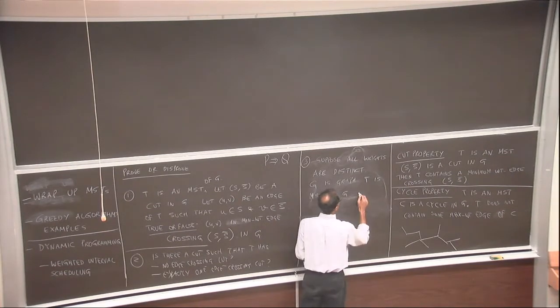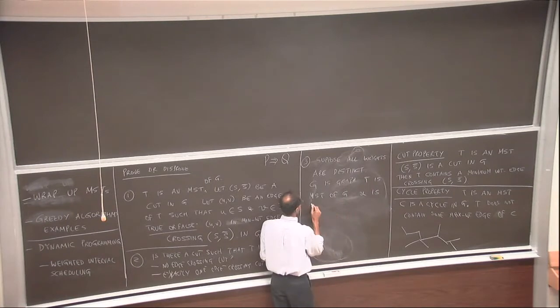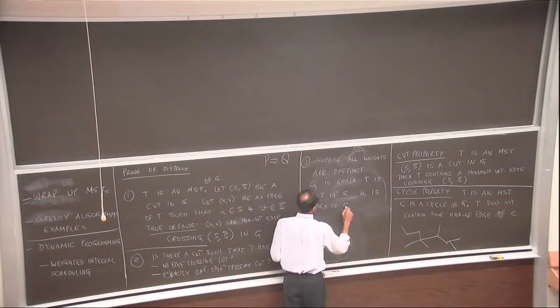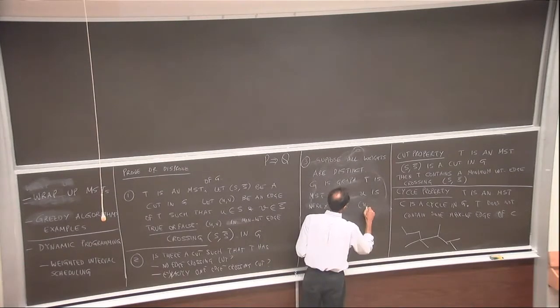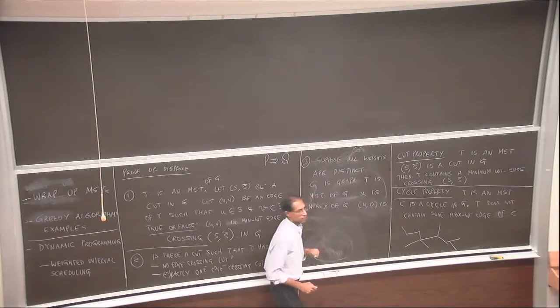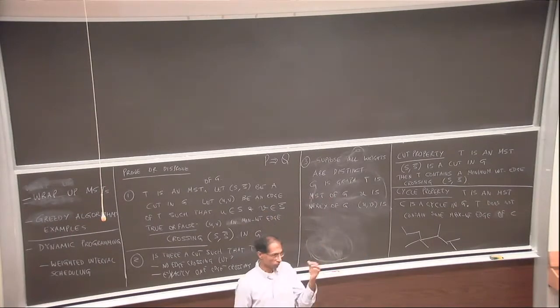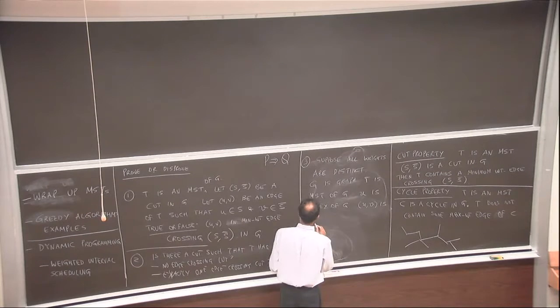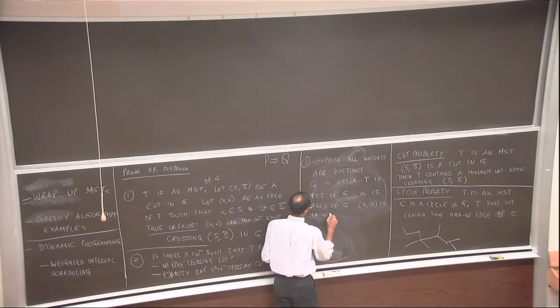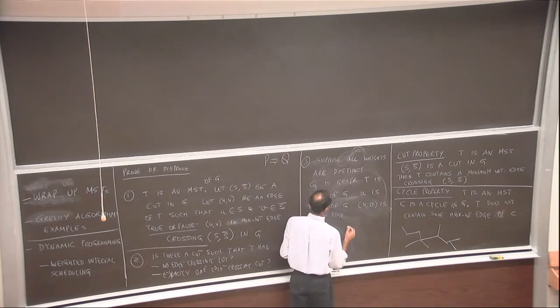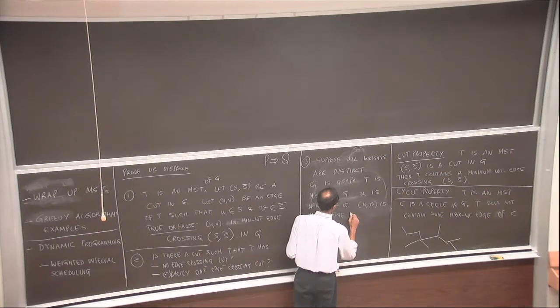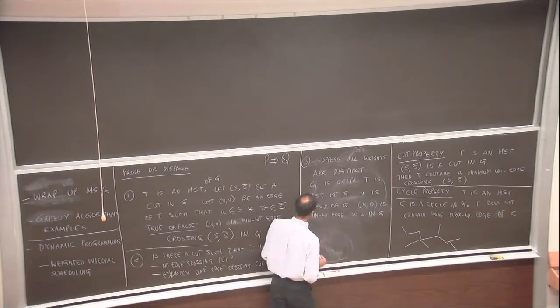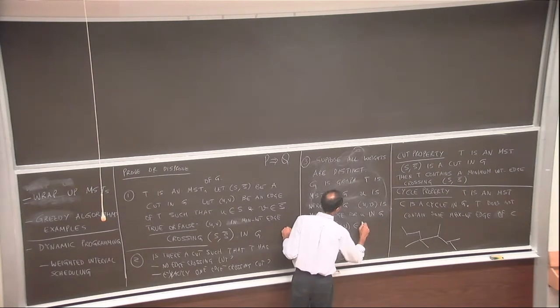U is any vertex of G, and let's say UV is the minimum weight edge for U in G. True or false? UV is in T.